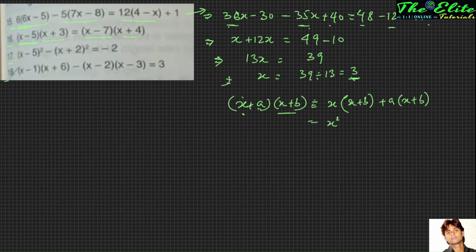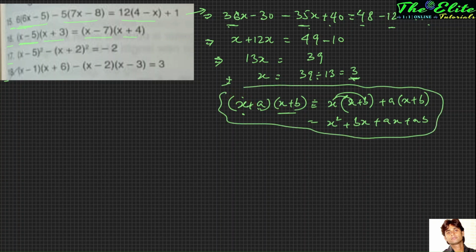Now you will just remove this bracket using the distributive properties. You will multiply this to this and then this to this. So it is going to be x squared plus bx plus ax plus ab. This is the thing you will find, and then you can just put the like terms together. You can find the answer.